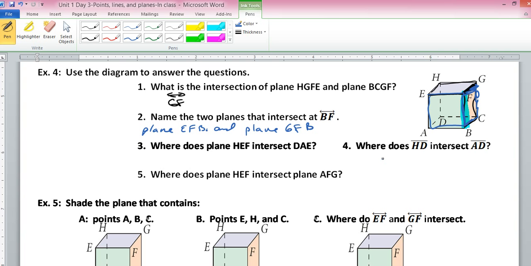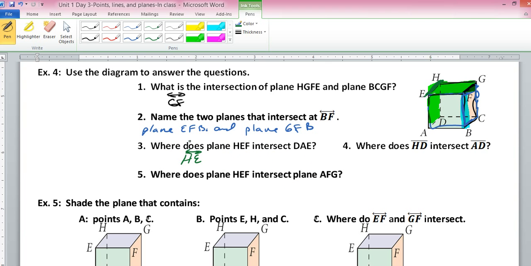Number 3, where does plane HEF intersect DAE? Well, if you look at HEF, that would be the top, and then DAE would be this left side of the box. Where do they intersect? Well, the line they share is up here, which is line HE.